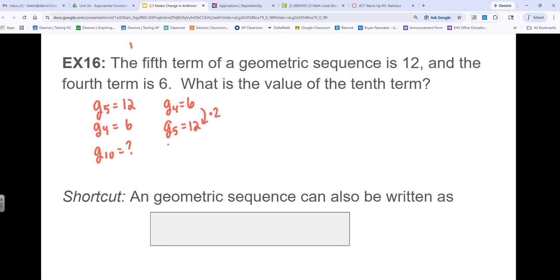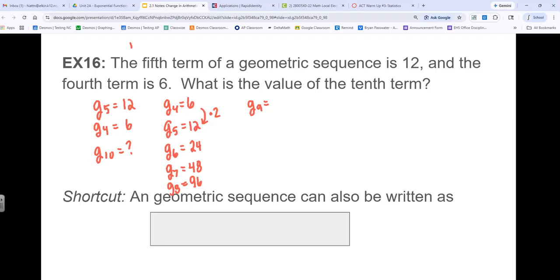So you have the option of just doing G sub 6 equals 24. G sub 7 is going to be 48. G sub 8 is going to be 96. We might be getting out of my ability to do this pretty soon.